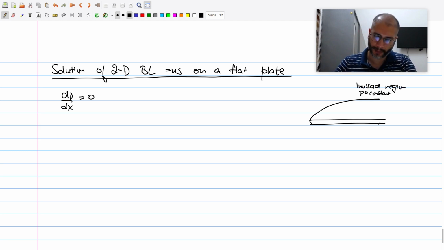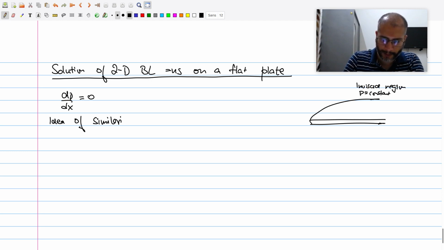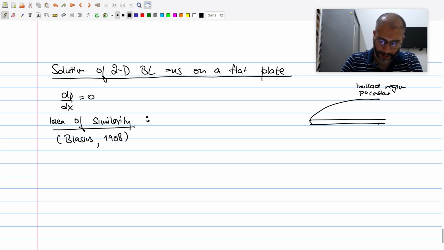Okay, and one of the other reasons we are discussing this flat plate solution is because of the idea of similarity, which was given by Blasius in 1908. That is used to deal with these kinds of equations mathematically.